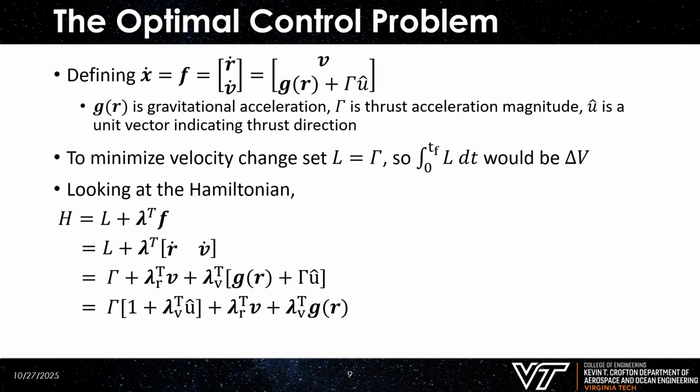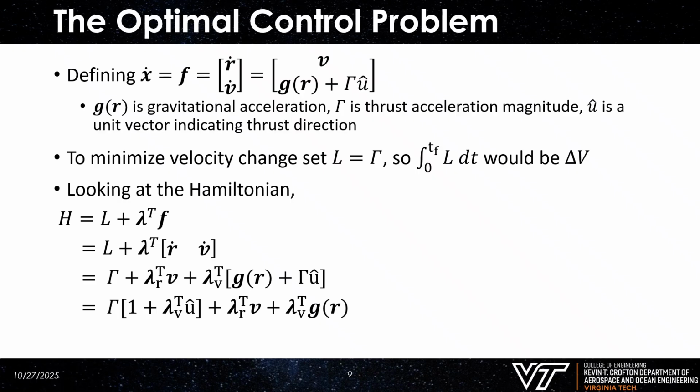We can further define our optimal control problem by letting the derivative of our state vector be equal to the compound vector in which r dot, our time derivative of our position vector, is the first three terms, and v dot, the time derivative of our velocity vector, is the second three terms. Our time derivative of our position vector is simply our velocity vector, and the time derivative of our velocity vector is simply our acceleration vector.